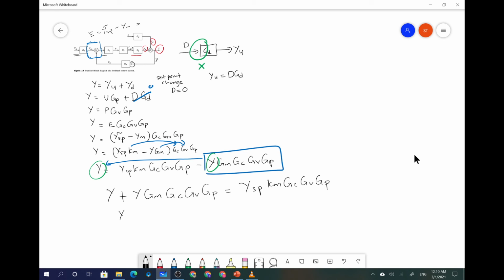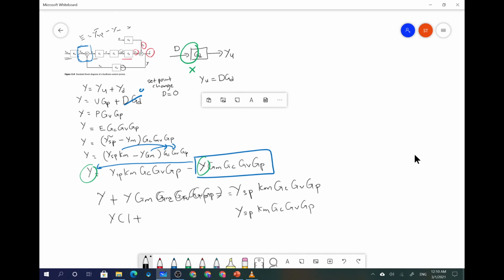So we factorize everything. Factorize y. So this is the remainder, Y sp, just copy it back.